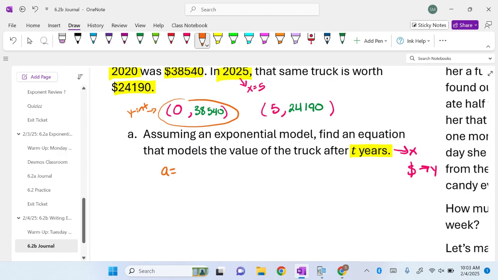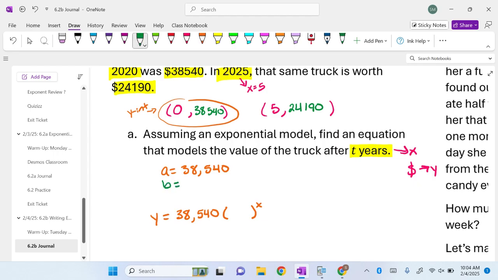So A is equal to what? $38,540. So that means I'm going to have y equals 38,540 times some b value raised to the x. So I still need to find what my b value is.